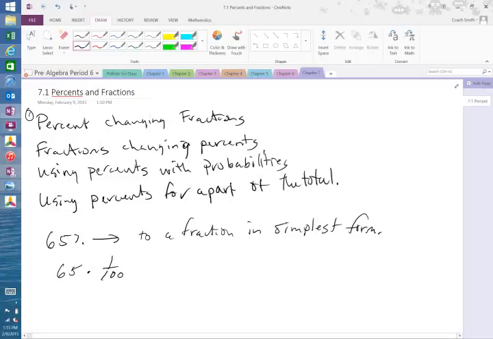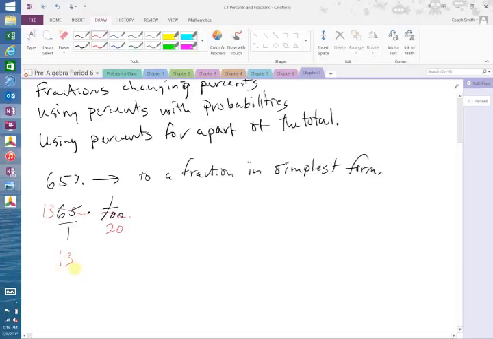The other reason I like doing this is because that way I can cross-cancel. 5 goes into 65 how many times? 13 times. 5 goes into 100 how many times? 20. So I have 13 over 1 times 1 over 20, and that's basically just 13 over 20. Then I'm done.